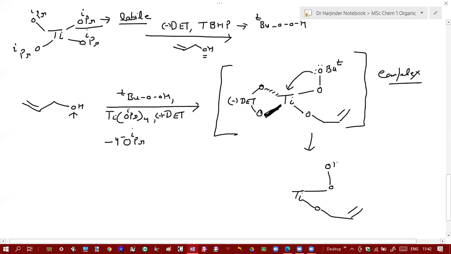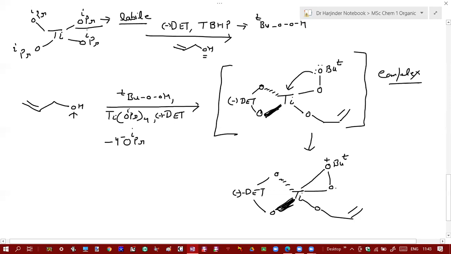Then you have oxygen, tertiary butyl. Now what will be the charge over this oxygen here? Positive charge. Since it has given its pair of electrons, now it will have a positive charge.